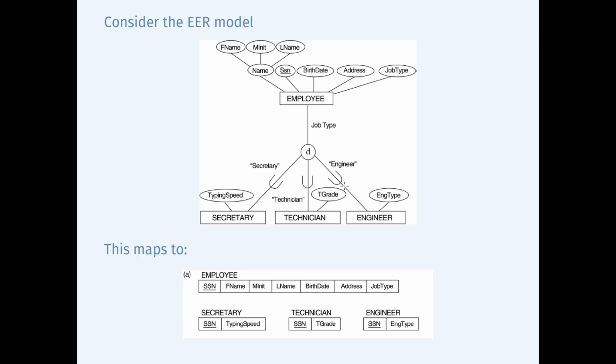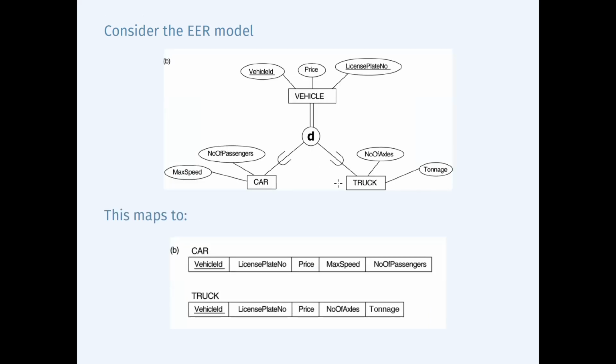But let's assume that you have a situation like this, where all these vehicles can be put into either car or truck. If that is the case, you can forget about the superclass vehicle, and you can create the relation for car and truck only. So this is possible when all the instances can be classified into cars or trucks only.